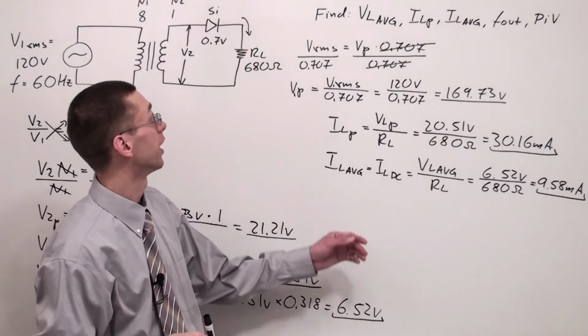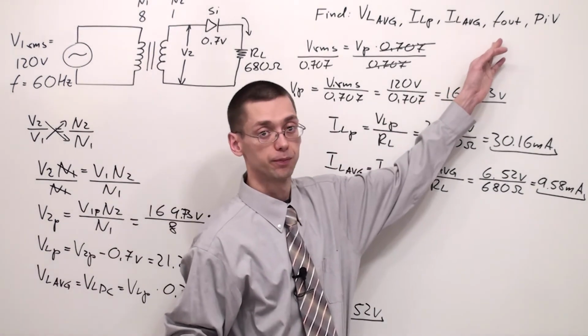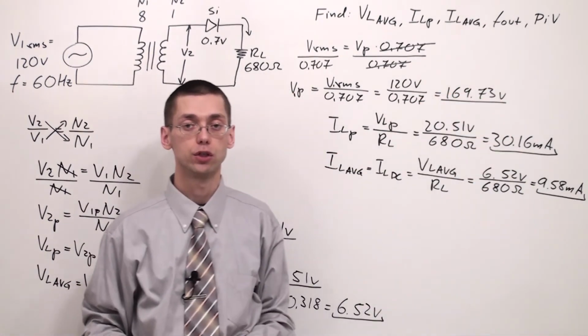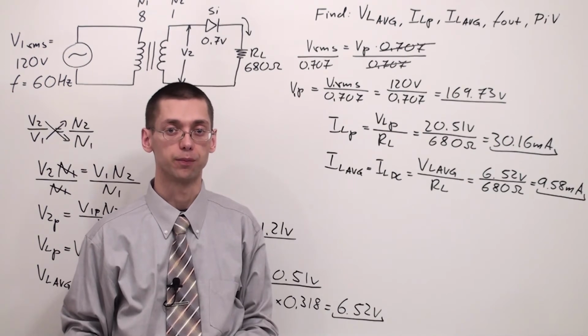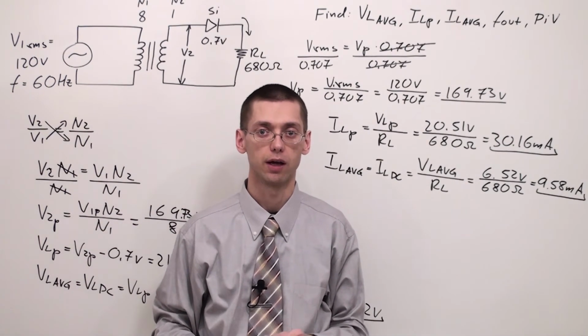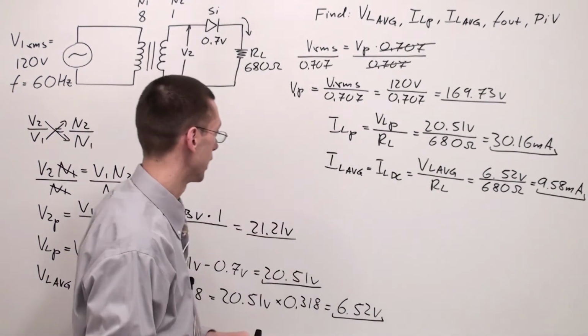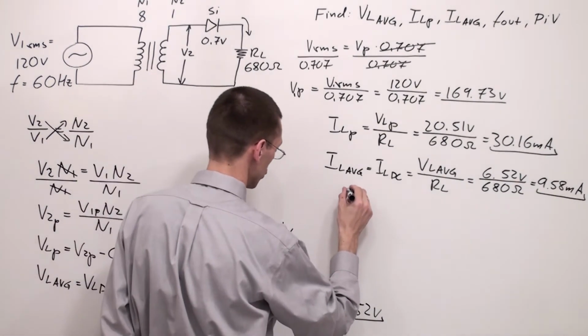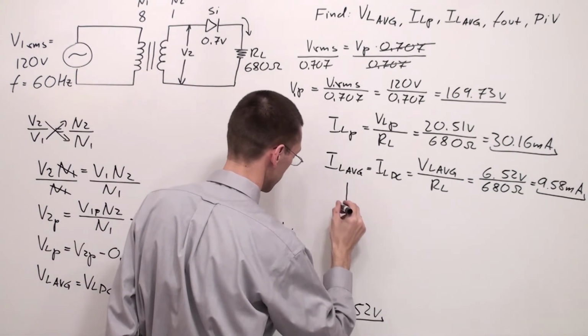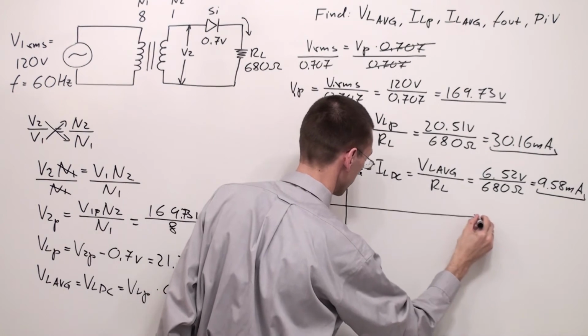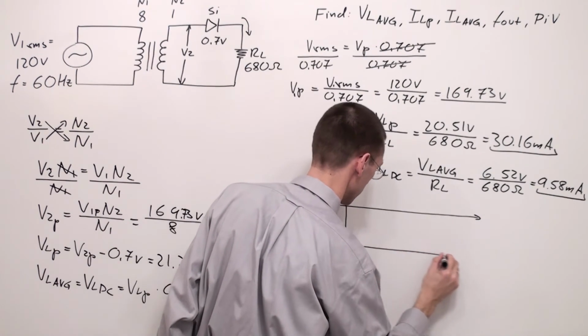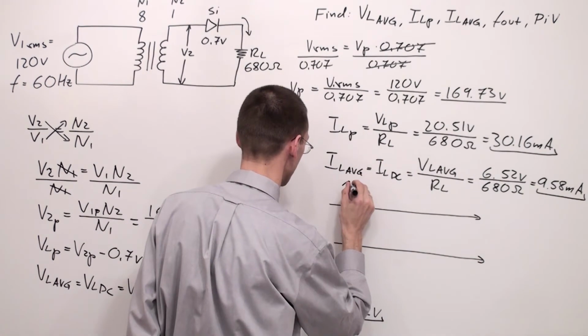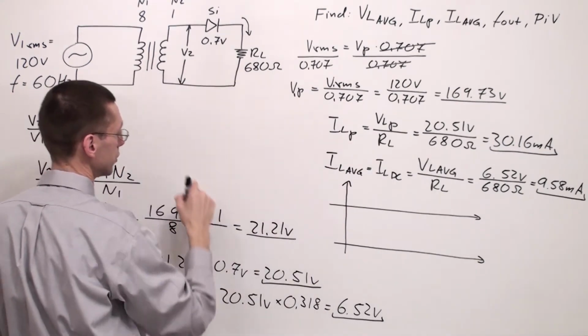Next, we're supposed to find F out. F out is going to be equal to F in. But someone is going to say, how did you get this? My answer is, you're supposed to draw the graph for the secondary voltage.